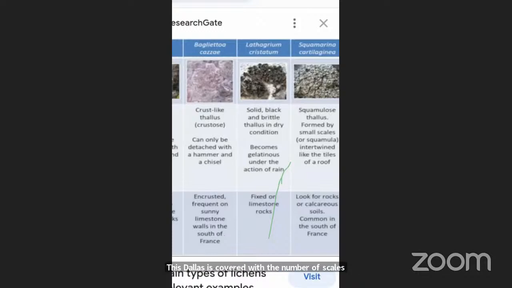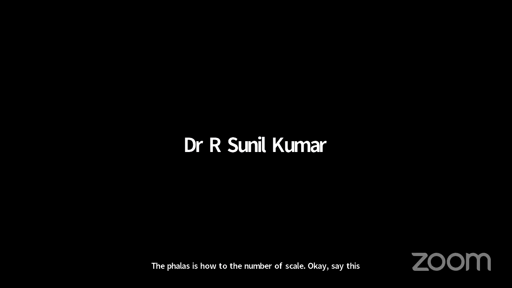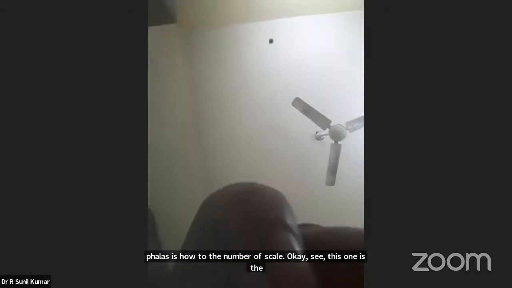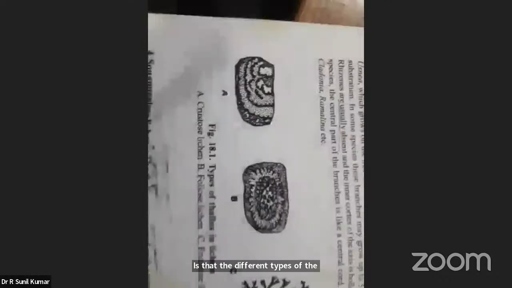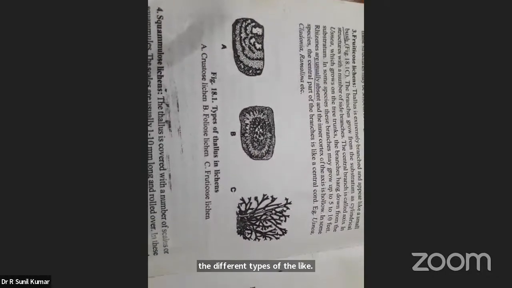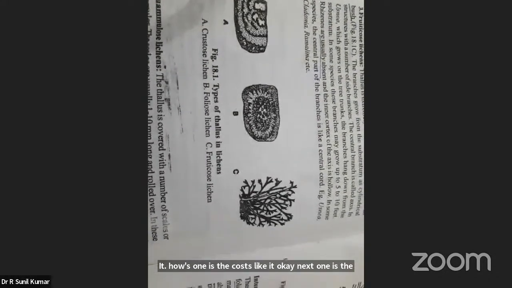See this one. These are the different types of lichen. First one is the crustose lichen, next one is the foliose lichen, next one is the fruticose lichen.